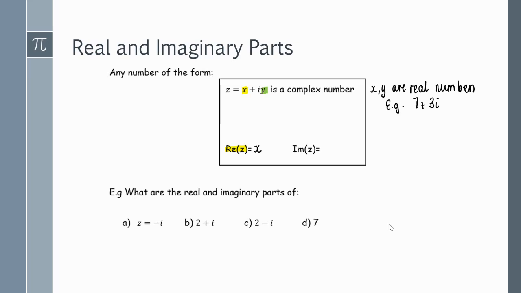So the imaginary part we say is the y component. In the example that I just wrote down, it would be positive 3. So take the sign with it. Okay, 4 examples. What are the real and imaginary parts of the following complex numbers?